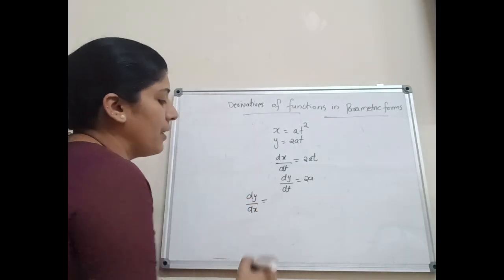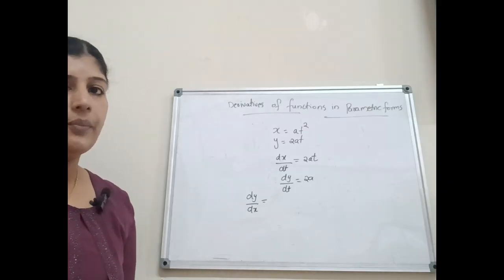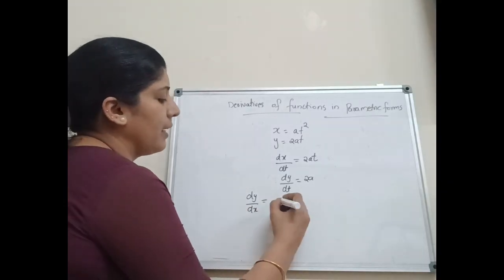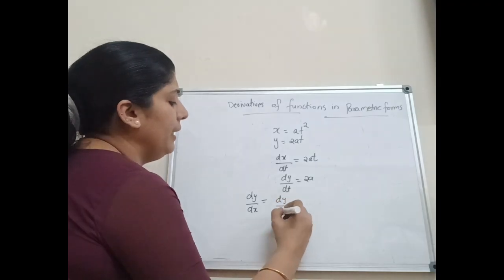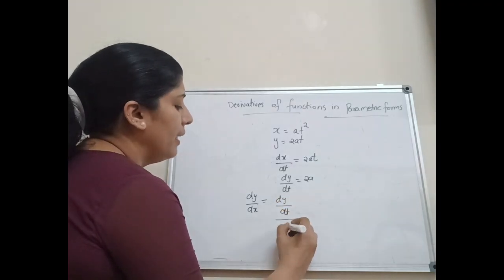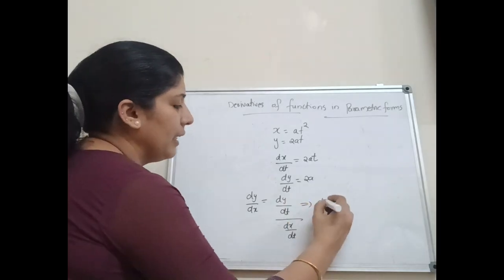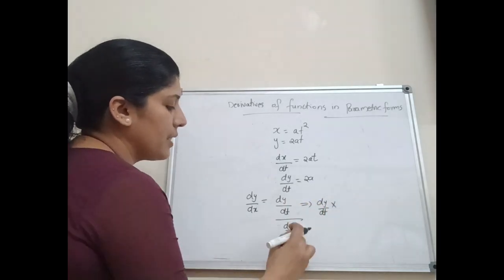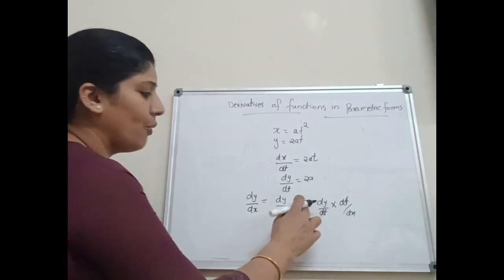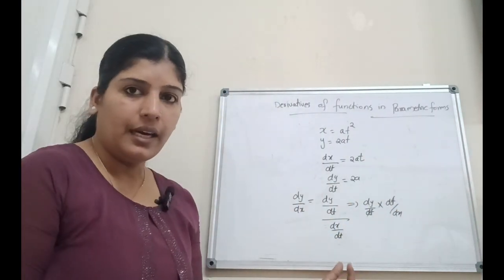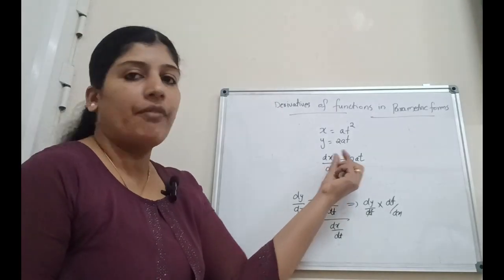Then next, how can we find out dy by dx? By using these two functions, we have defined dx by dt and dy by dt. Here dy by dx can be written as dy by dt divided by dx by dt. That implies dy by dt into the reciprocal multiplication, that is dt by dx. Then dt cancels. Therefore, first we have to find out the derivative of the function with the given parameter.